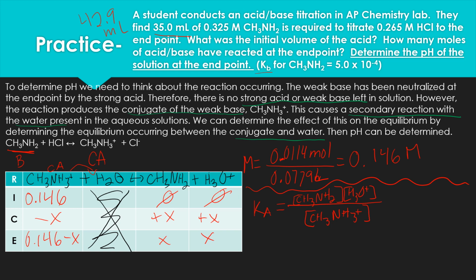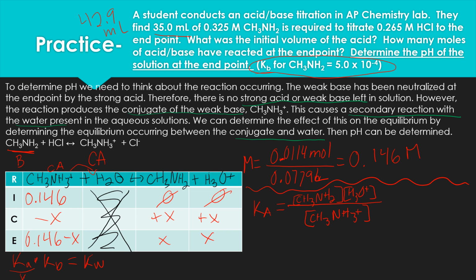If we look up here, we have a Kb value, but we can switch between those two. I'm going to do that over as a side calculation. Remember that Ka times Kb gives us Kw, the equilibrium constant of water. So when you have a conjugate acid and conjugate base, we can switch between their K values using Kw. So Kw is 1 times 10 to the negative 14th. We have our acid.